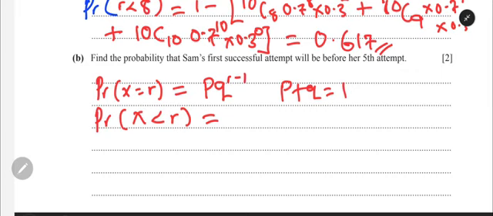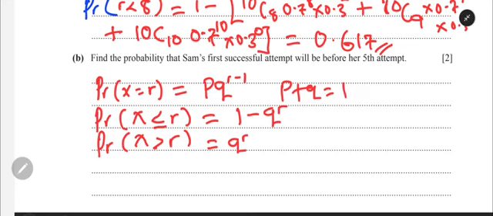So for probability of x less than or equals to r, we have the formula to be 1 minus q raised to the power of r, and for greater than r it is q raised to the power of r.